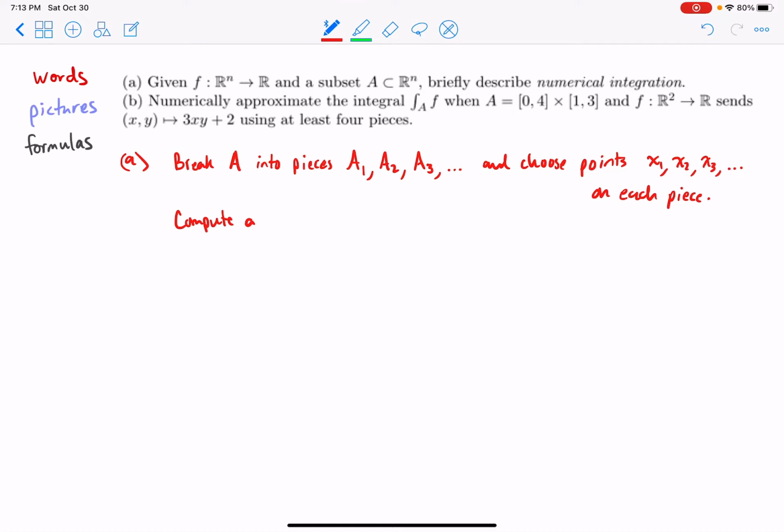Compute a sum of the values of f at each point, x_i, weighted by volume. Okay, so that's basically it.